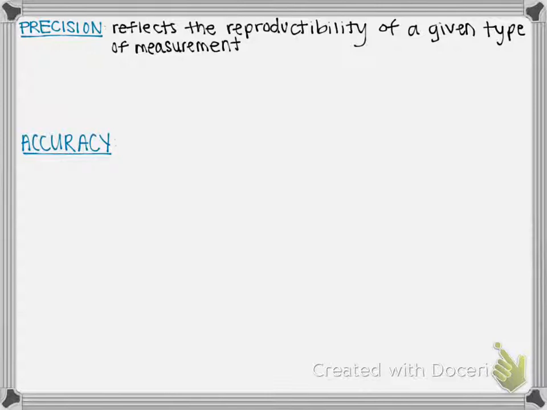So that means how many times you can reproduce the same results, or how many times you can get the same answer. So to remember precision, think of it as, did you get the same answer each time?